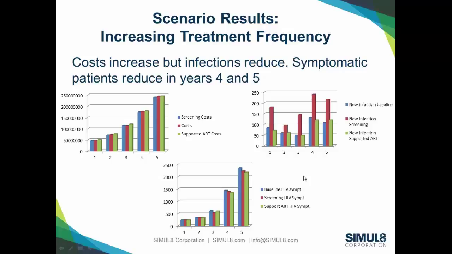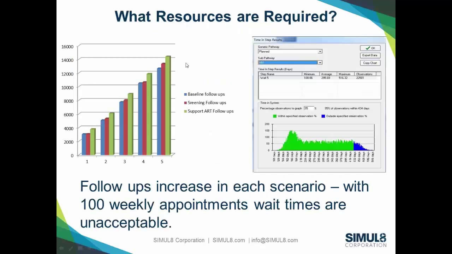So then the question is, all these scenarios are showing us that we're getting great results for patients, but what resources are needed? And you can see that for each of those scenarios, we've got these increasing number of follow-ups.